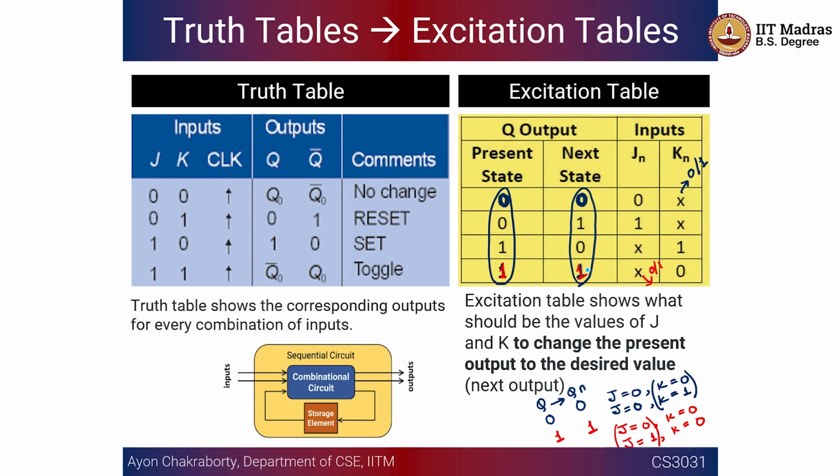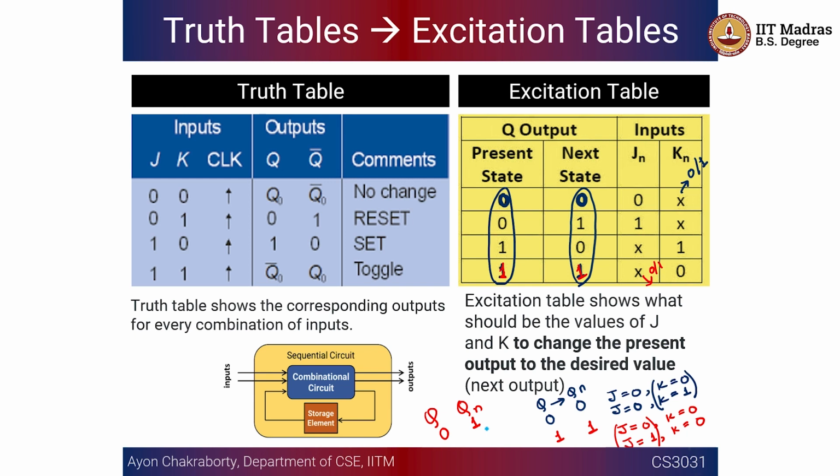Okay, similarly you can also figure out that if you want to go from 0 to 1, if you put j equal to 1, that should be enough, right? Because if q goes from 0 to 1, it could either mean toggle, which basically means j equal to 1, k equal to 1, or it could mean you want to put j equal to 1 for setting the value of q, right?